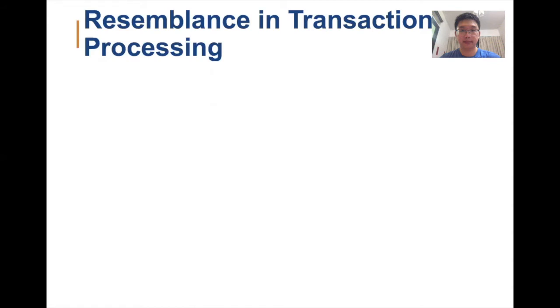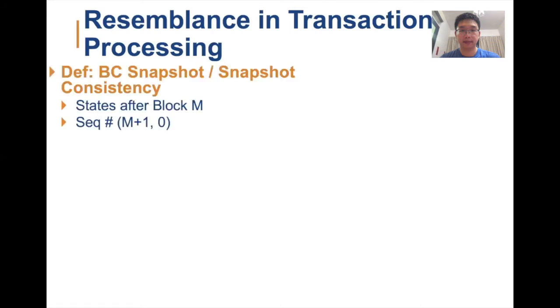Now we describe how the blockchain EOV pipeline is similar to OCC in databases via the concept mapping. We define a blockchain snapshot as the state after block M, and the snapshot sequence number is a 2-value tuple, n plus 1 and 0.